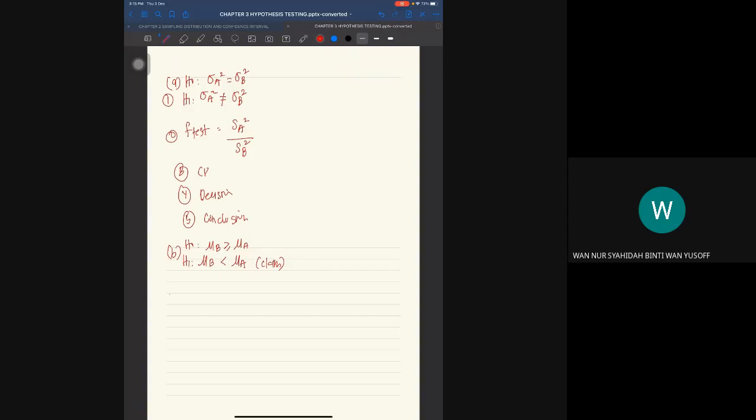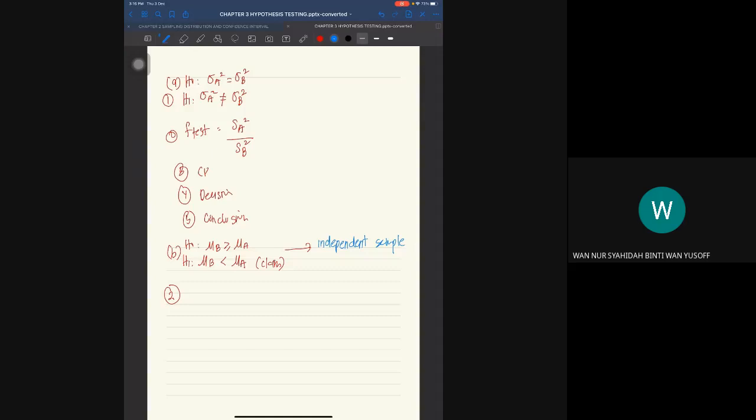Step 2 is to choose the test statistic. Based on this hypothesis, we know that it is the case of independent samples, so we need to choose the formula. What is the first condition to choose the formula for independent samples? Just now we discussed.